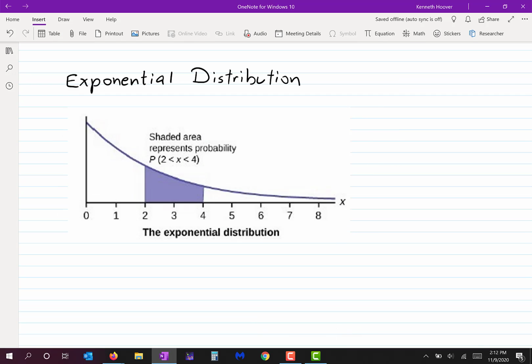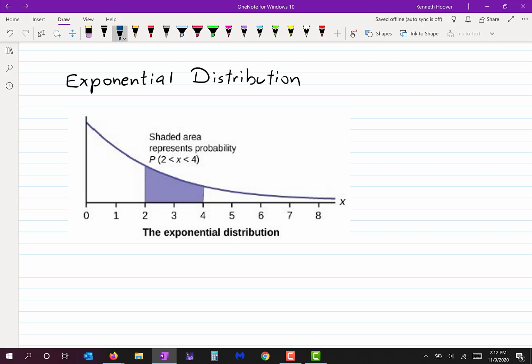The second kind of continuous probability distribution that I want to show you is called an exponential distribution. If you've taken a college algebra class or a calculus class or pre-calculus, anything like that, you've probably seen exponential functions. They go like this.